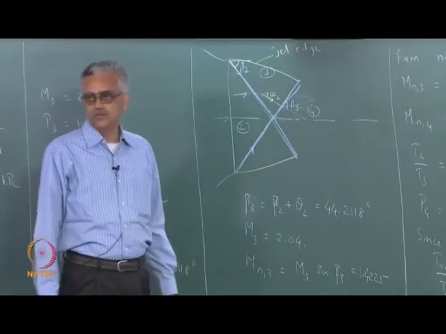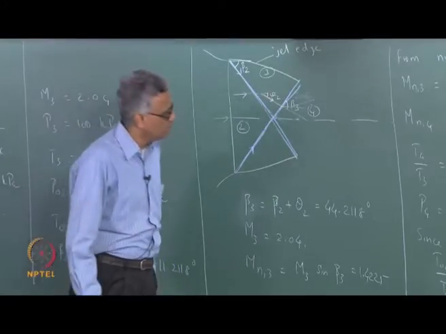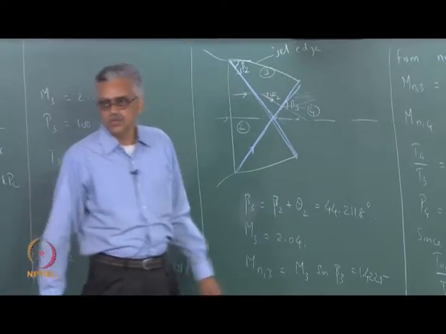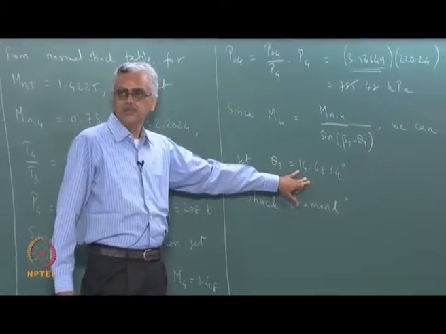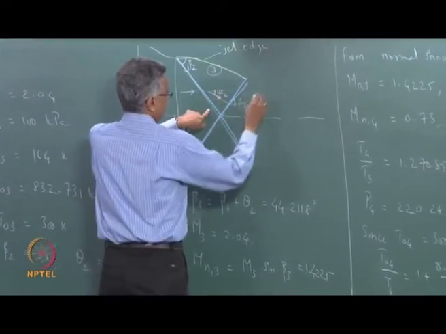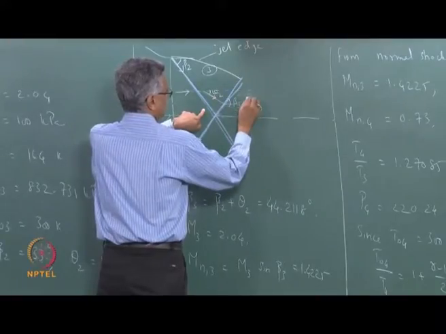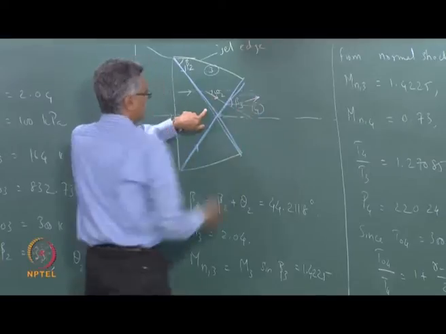The other thing that you should note is your suggestion that we should take theta 3 to be equal to theta 2. Notice that theta 3 here has turned out to be more than theta 2, which means that after the flow goes through this, now it is actually deflected this way by 3 degrees.